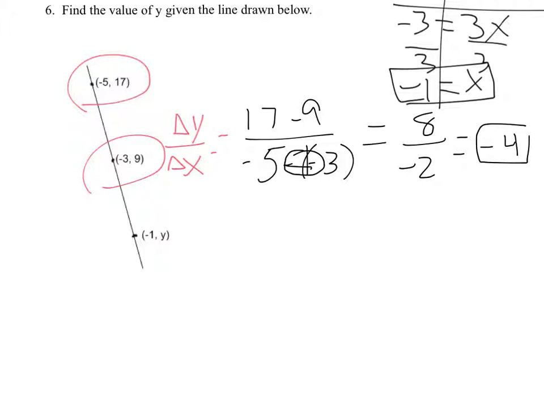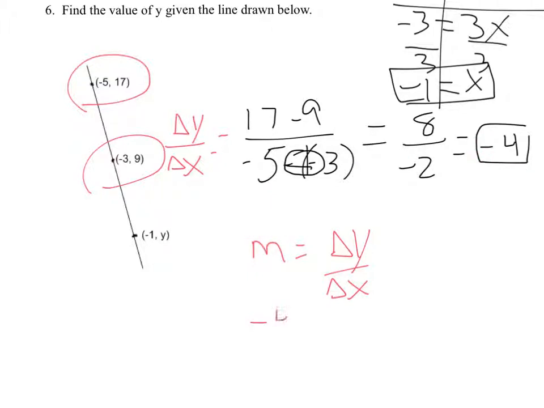But that's not really what we're looking for. We still need to use this to find out what the value of y is here. So I'm going to write down my rate of change formula, m equals change in y over change in x. We just found out that m is negative 4, so I'm going to plug it in here for m.